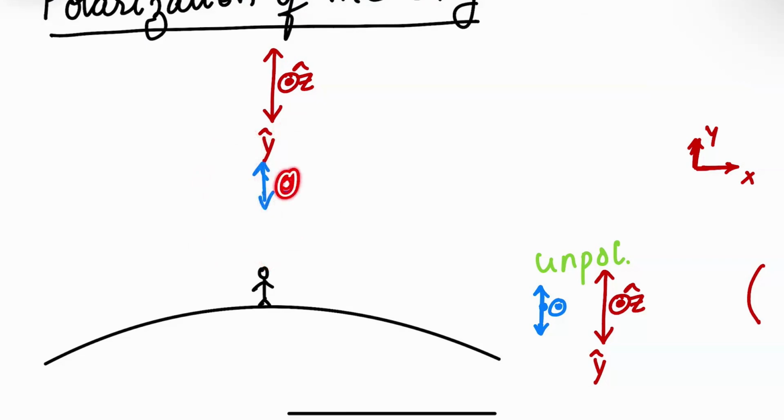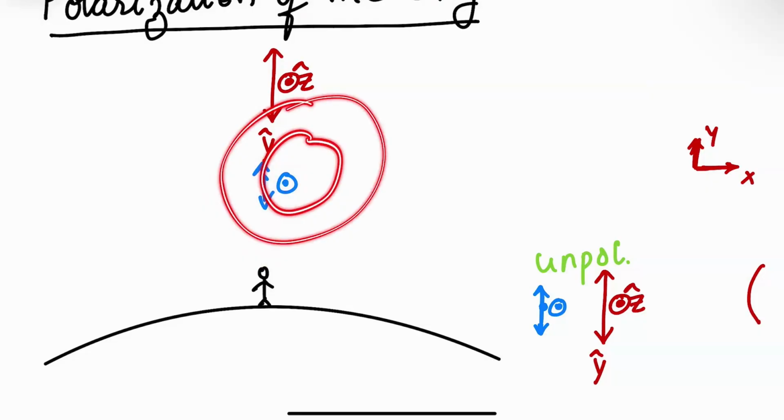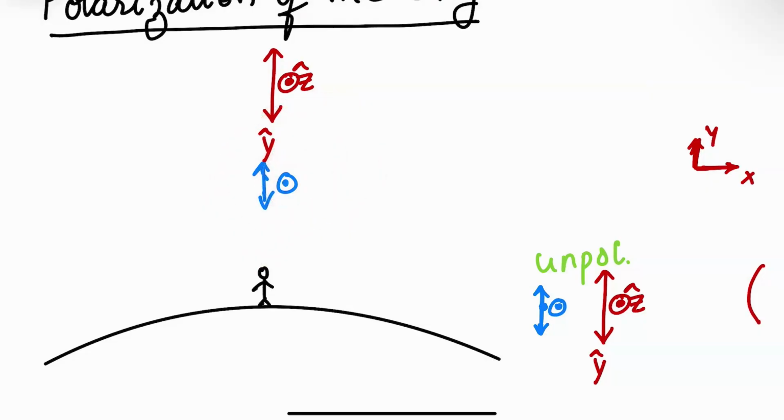Only this one scatters towards you, because this one radiates in all directions. Which means that the light coming from above you would be Z-polarized. So even if there's some circular polarization component, you only see the component that's Z-polarized.